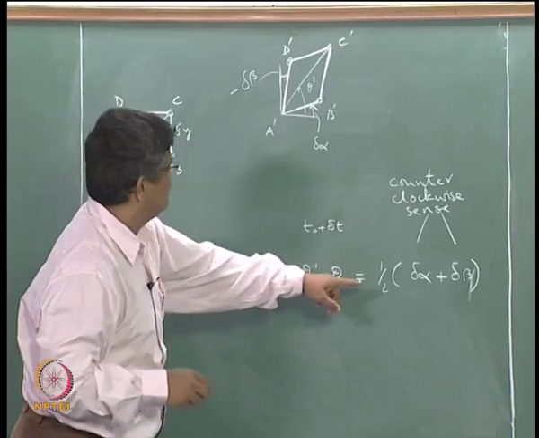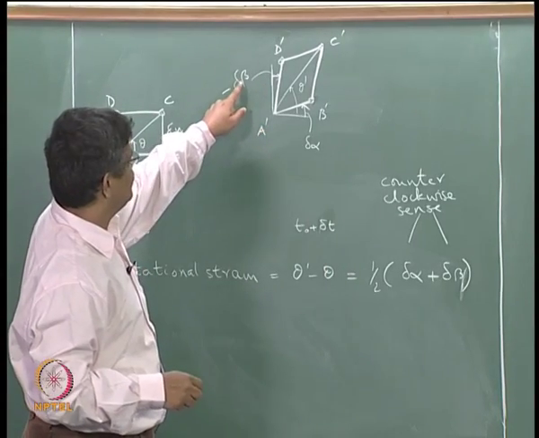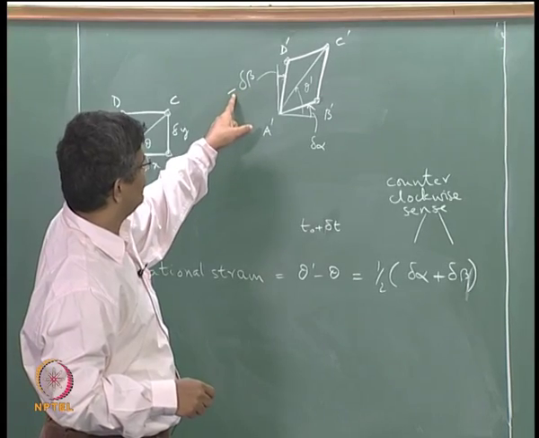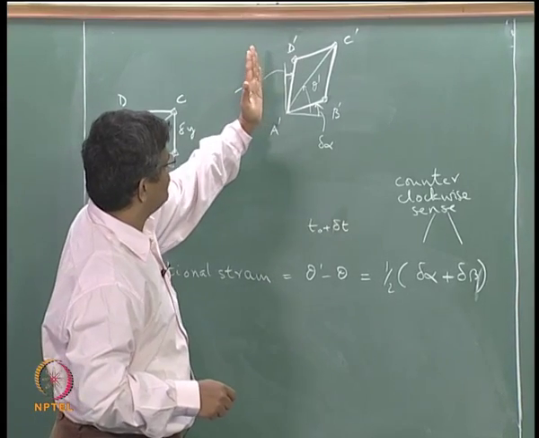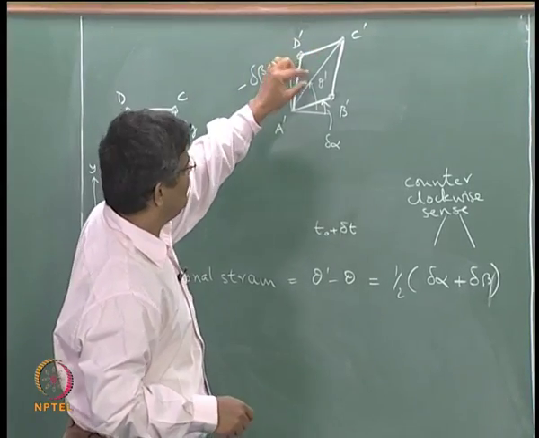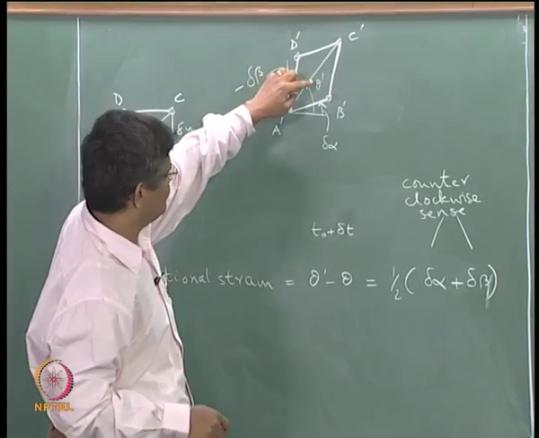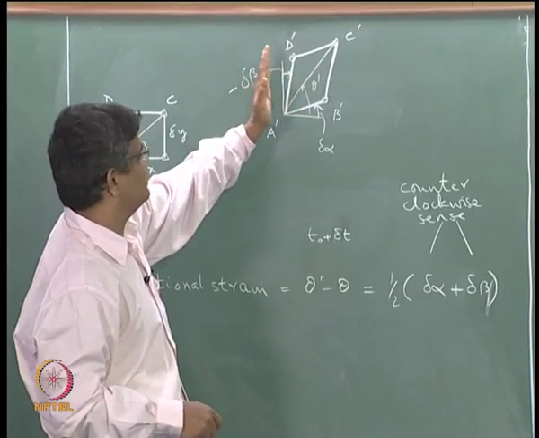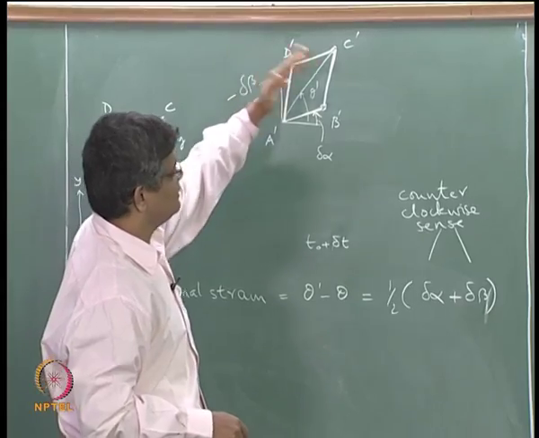We understand from this that when delta beta is negative, like this one, we have identified this as negative, the fact that side AD has rotated in this direction would reduce the rotational strain. In fact, it would make theta prime less than what it is because of the rotation in this direction.